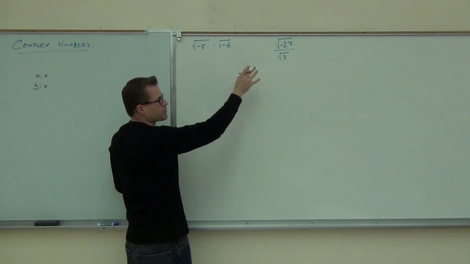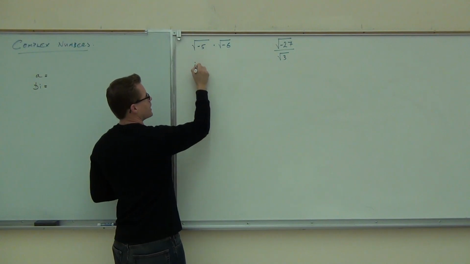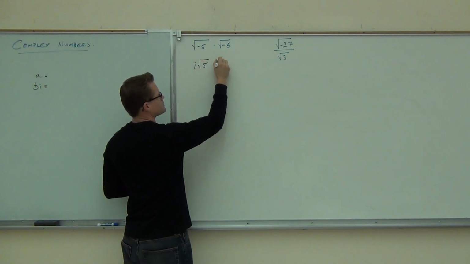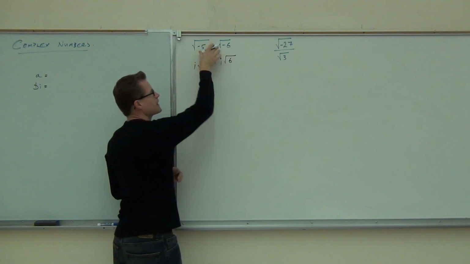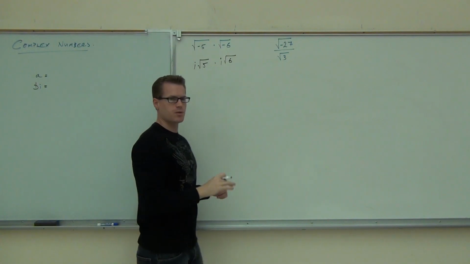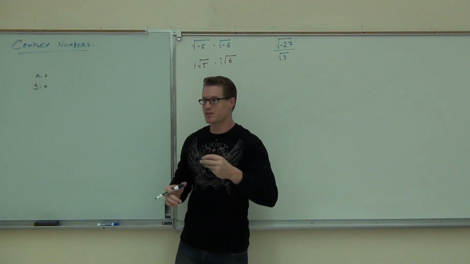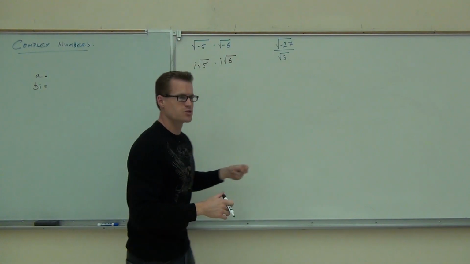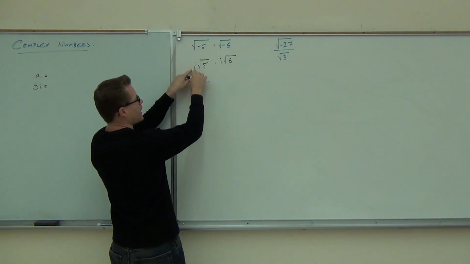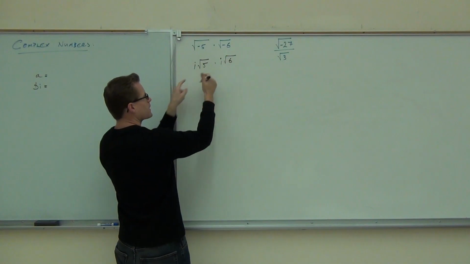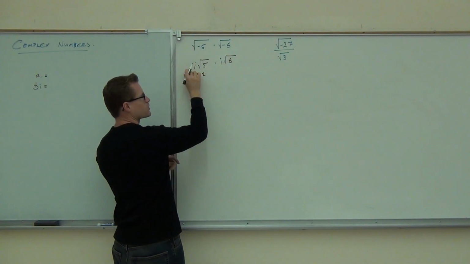So in both cases, though, it is appropriate to change this to an i first. i root 5 times i root 6. Are you okay that I'm going directly to my i's? It's pretty quick to catch on to that, isn't it? Then we notice that we have i times and i times, so we've got this i squared. Notice where we're getting the i squared from?